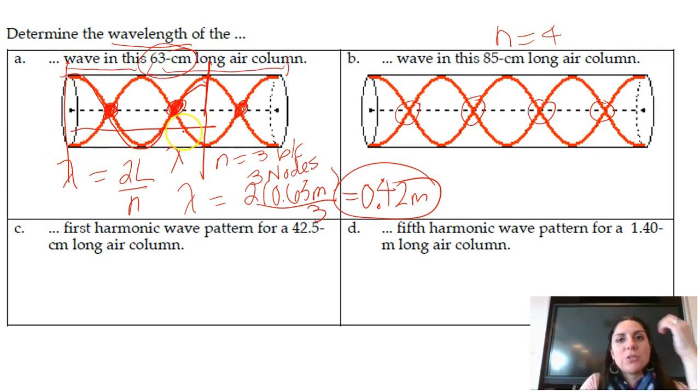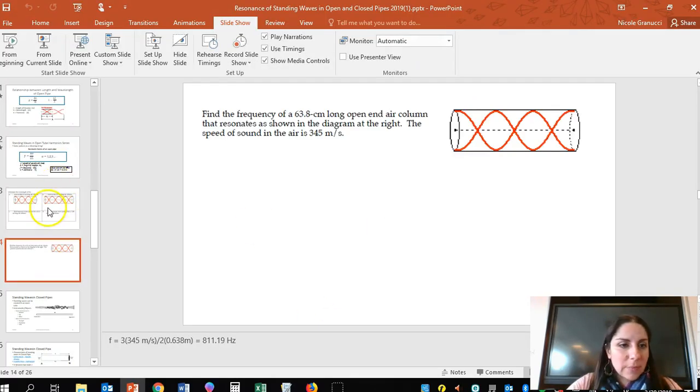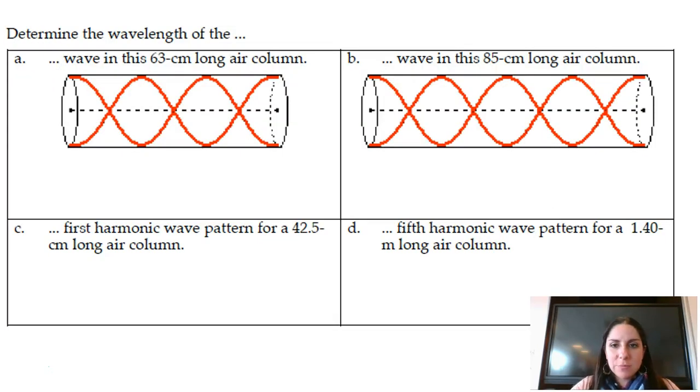The wavelength is just one waveform that fits in the pipe. So I'll erase my annotation. You could do the same thing with the other one, 2L over n, with a very similar calculation.